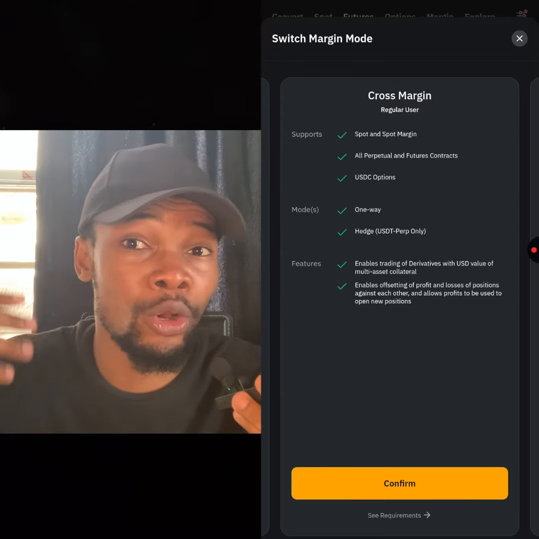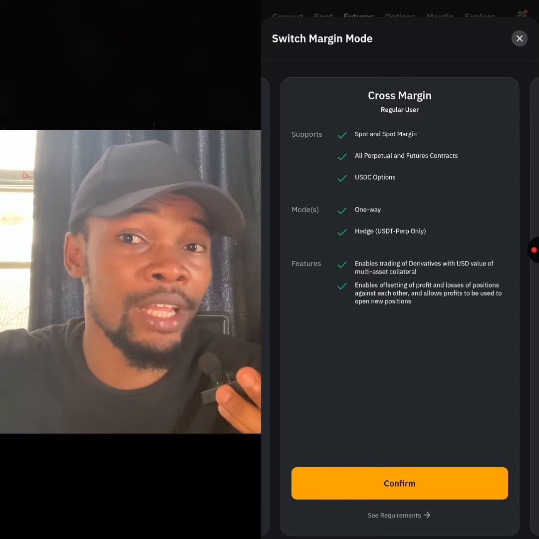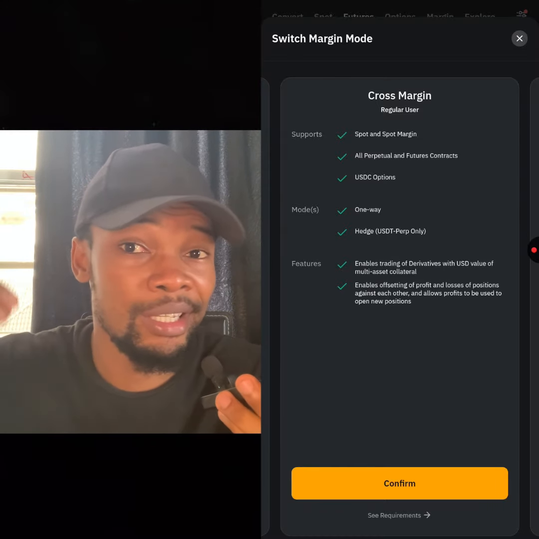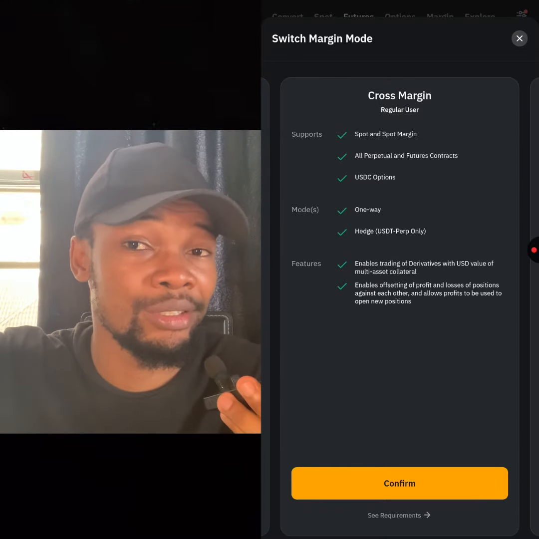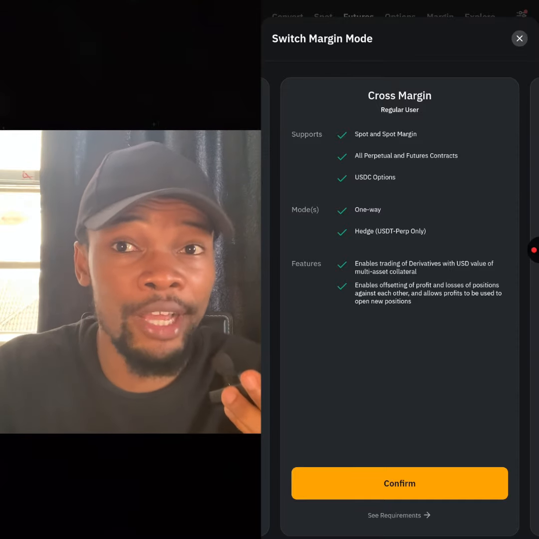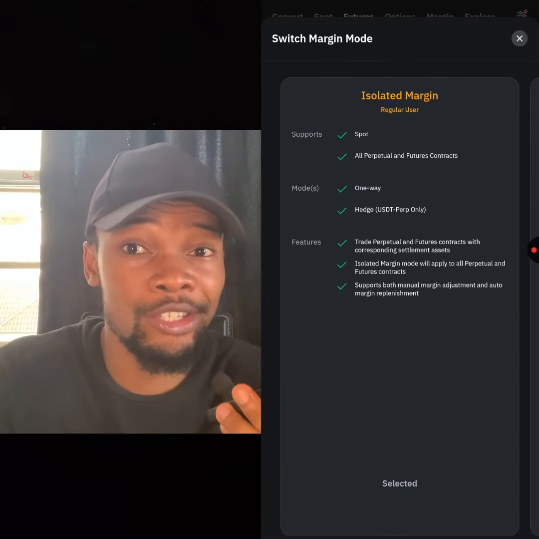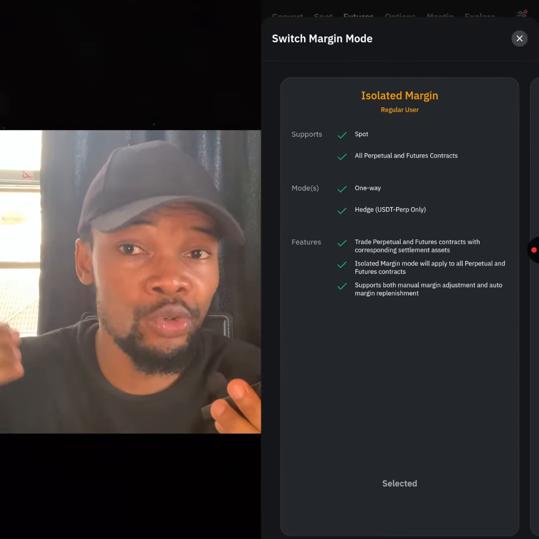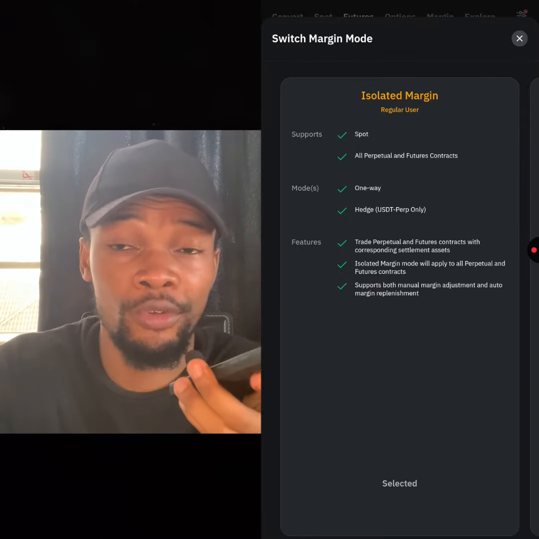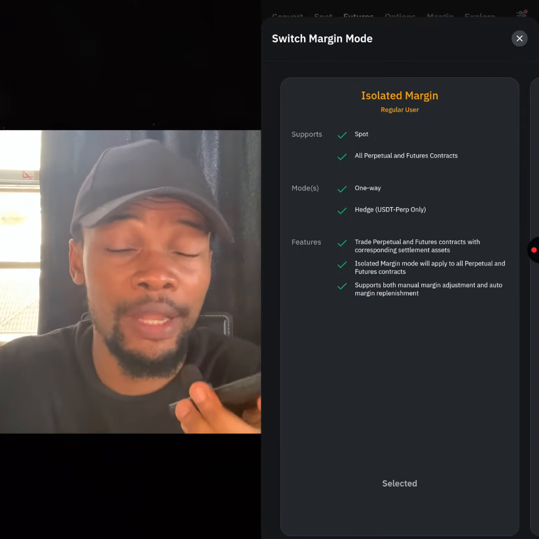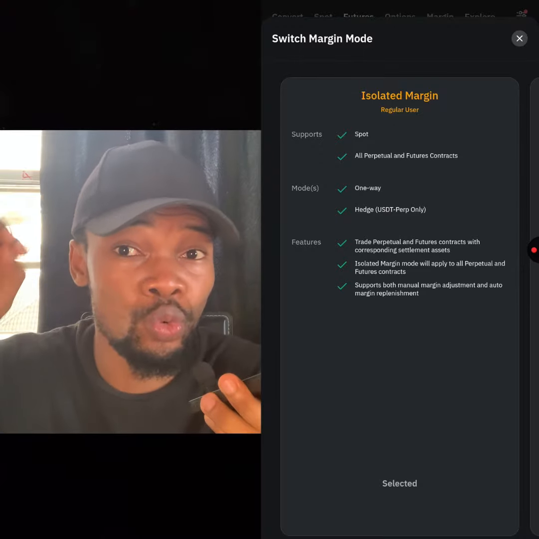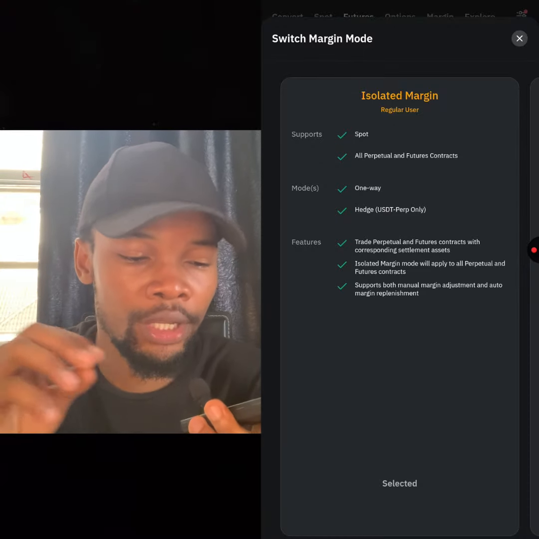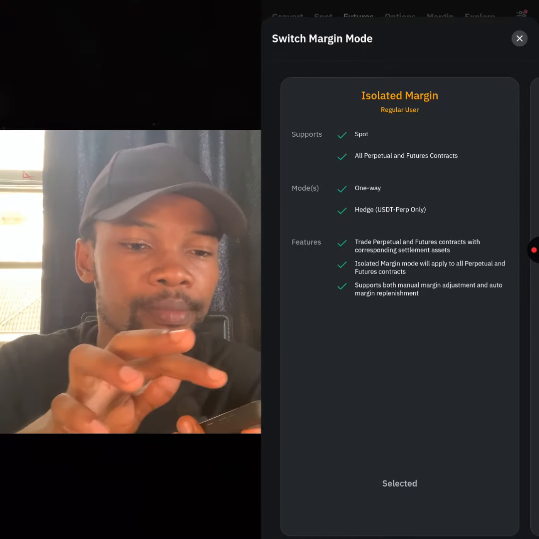It serves as collateral, like a loan you can't pay back, so it starts eating into the balance in your account. So I advise you to choose isolated margin, because if you lose, you are only going to lose the particular money you are using to trade. So I'm going to select it.